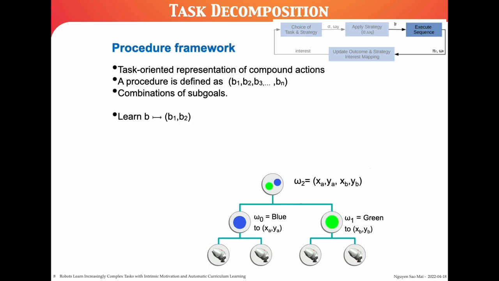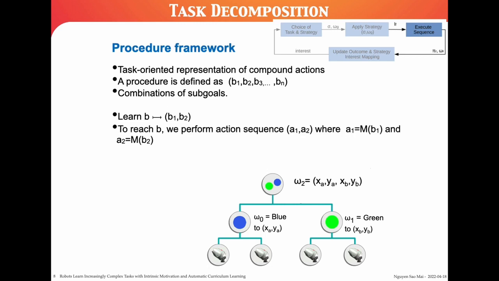We propose algorithms for the robot to learn the associations between goals and procedures, which means that if it has learned such an association, to reach the goal omega 2, the robot needs to perform the action sequence A1, A2, where A1 is the policy to reach omega 0 and A2 is the policy to reach omega 1.